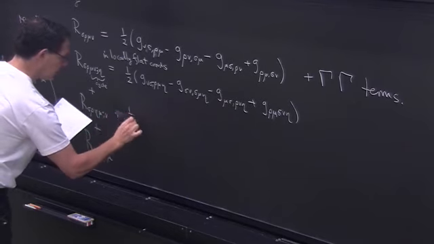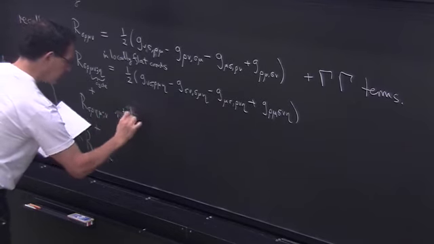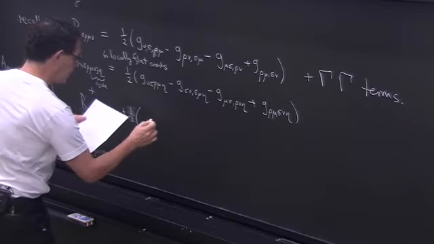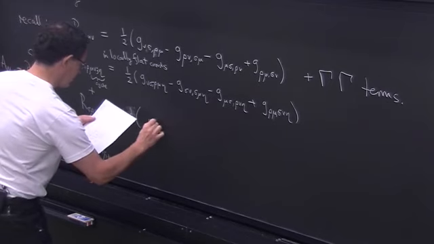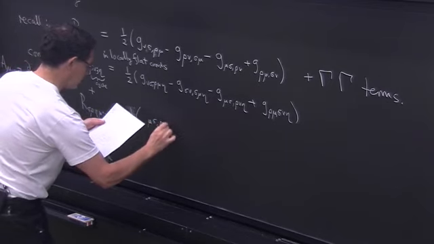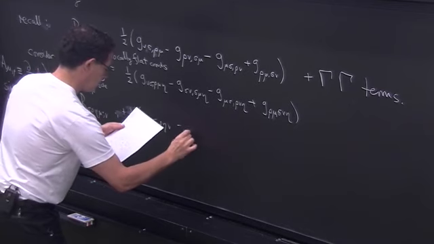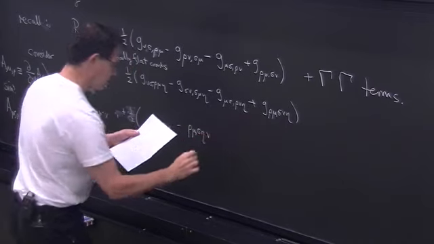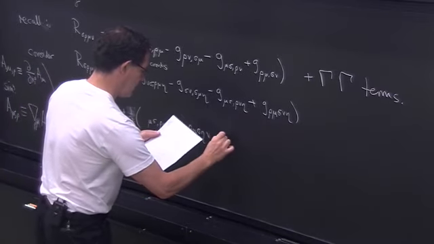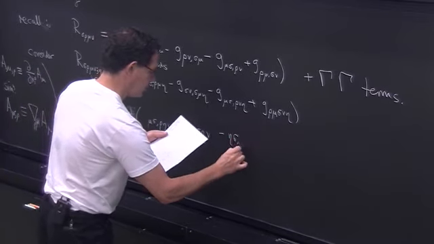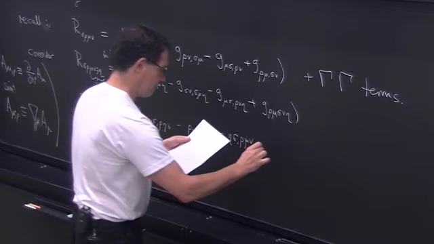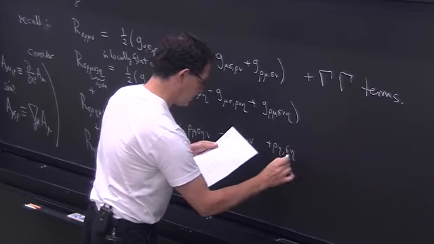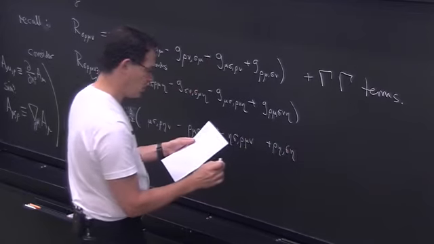So here I'm going to get plus a half. And now I do the cycling thing. I'm just going to write the indices down. Rho eta nu minus rho mu sigma eta nu minus eta sigma rho mu nu plus rho eta sigma, rho, that's wrong.